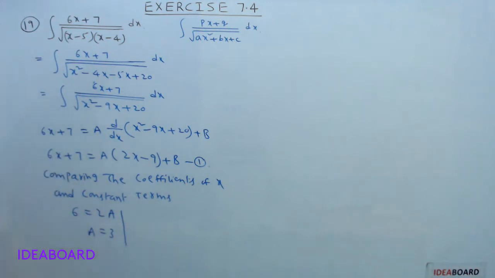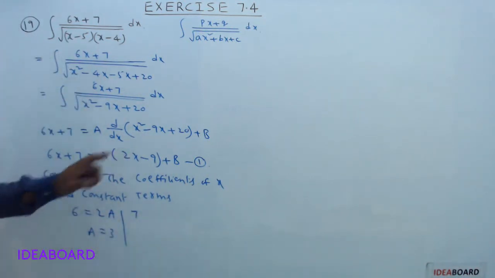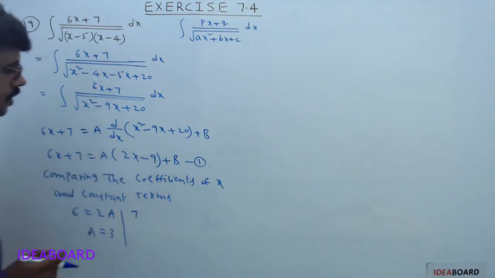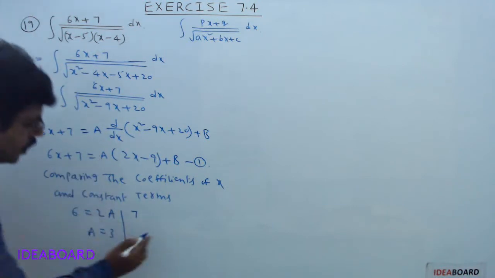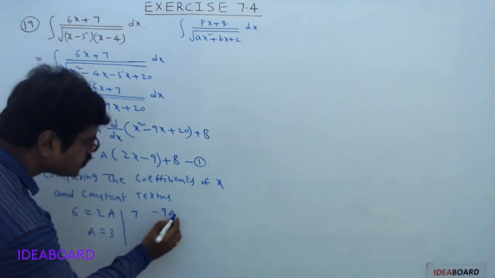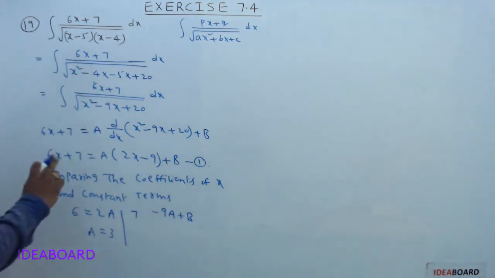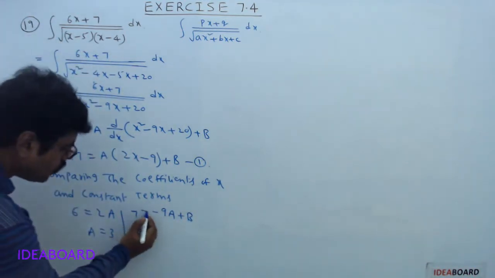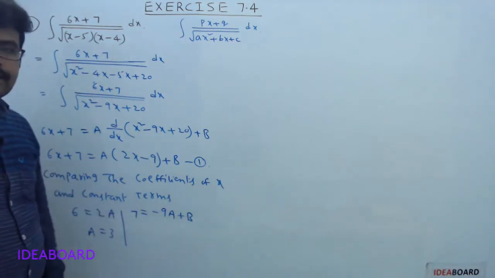Then compare the constant terms on both sides. In the left hand side, what is the constant term? 7. Now come to the right hand side. What is the constant term in the right hand side? Minus 9 multiplied by a, that is minus 9a plus b. So by comparing the constant terms on both sides, you get 7 equal to minus 9a plus b.